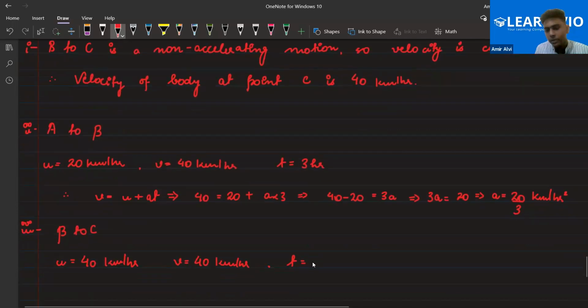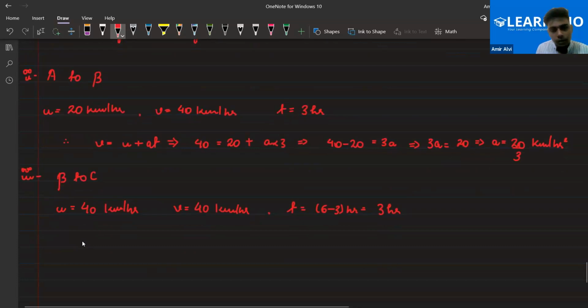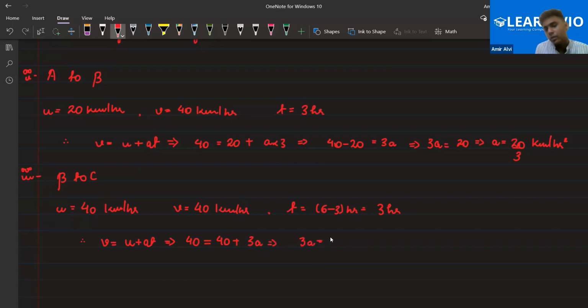So 6 minus 3 is 3 hours. So simply use the formula. You have to show that it is 0. V equals U plus AT, so 40 equals 40 plus 3A. So 3A equals 40 minus 40, which is 0. So A is coming out to be 0.